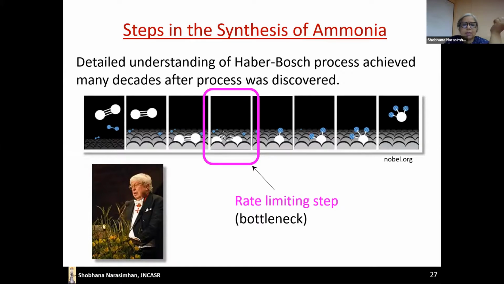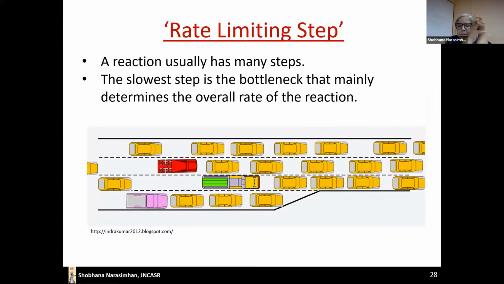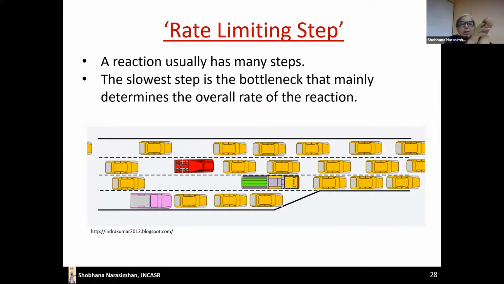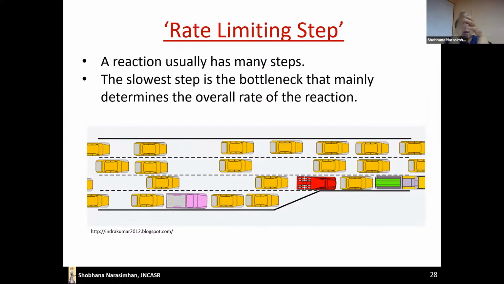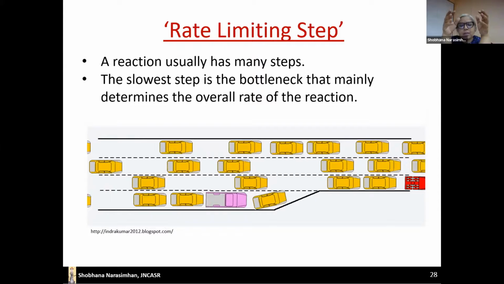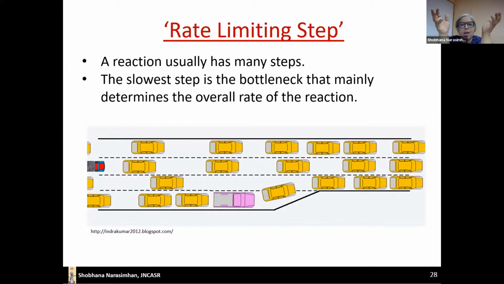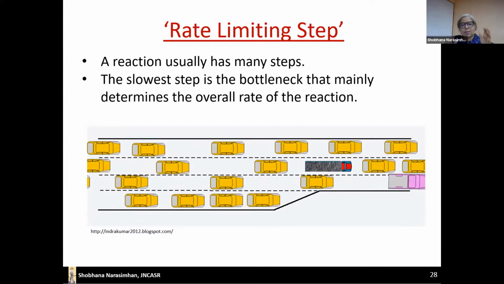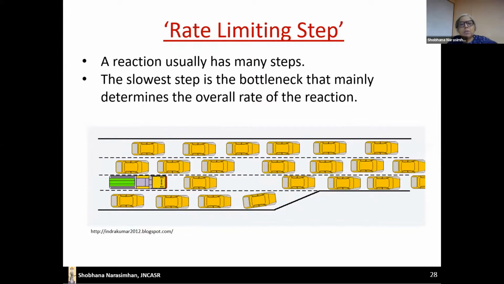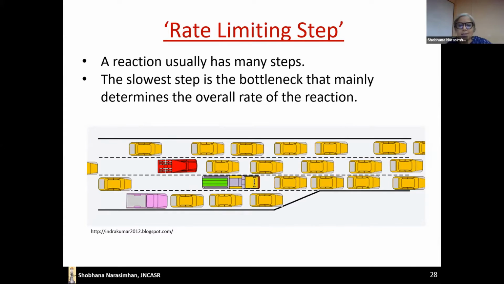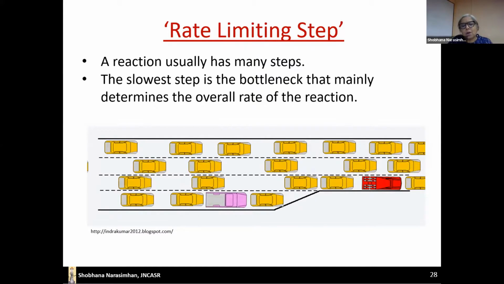So what is the rate limiting step? A reaction usually has many steps, and the rate limiting step is the slowest step, so the step which has the highest activation barrier, and that determines the overall rate of the reaction. So here again, I've shown you an analogy. This is something you will see often.